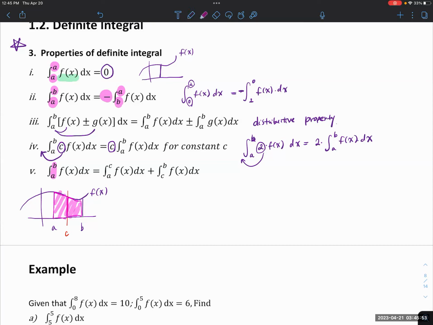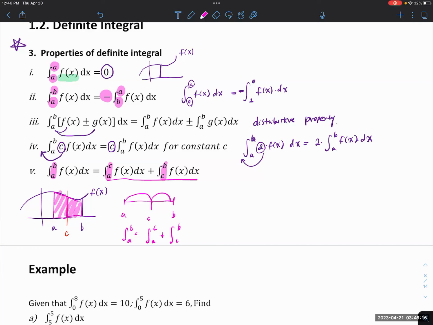So a to b is the same as a to c and c to b. So that's the last property you can think of.